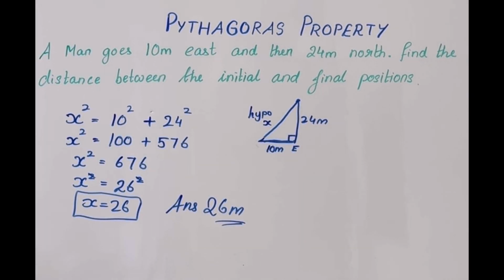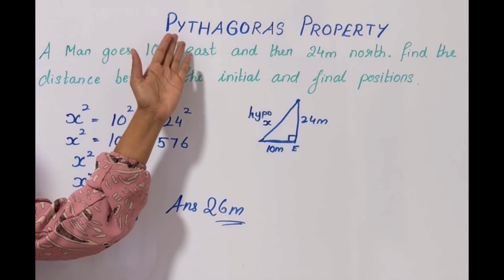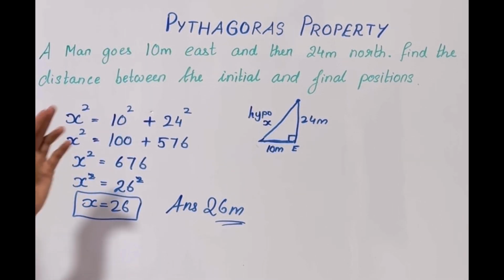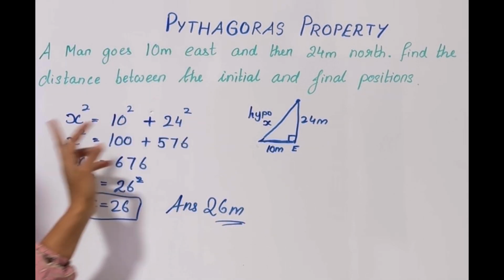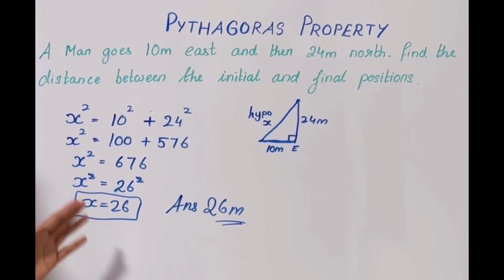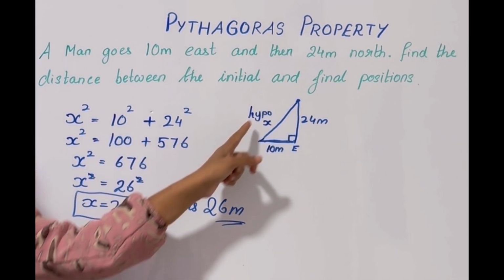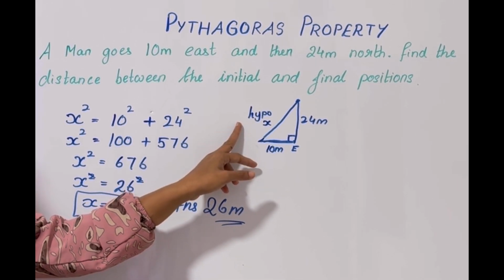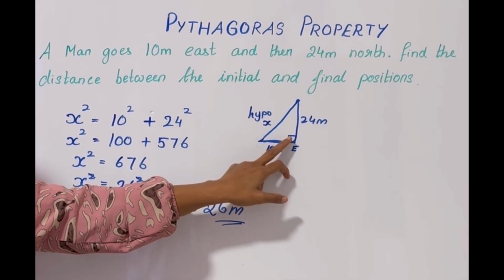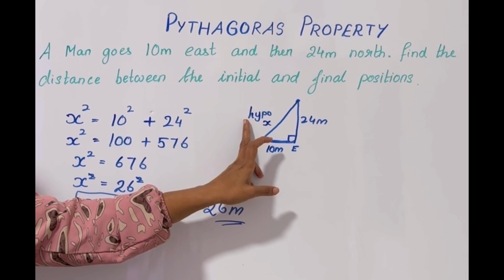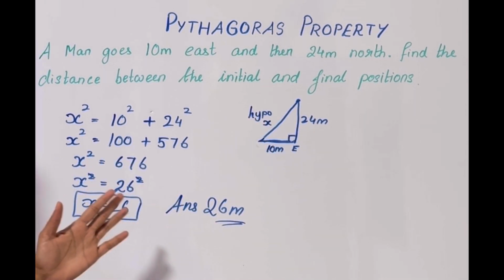To summarize, what is Pythagoras property? Pythagoras property is that the square of the hypotenuse is equal to the sum of the squares of its legs. The longest side, the side which is opposite to 90 degree, is called hypotenuse. The other two sides are called legs.